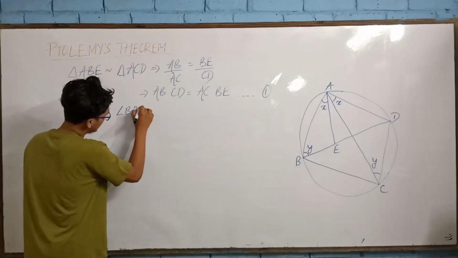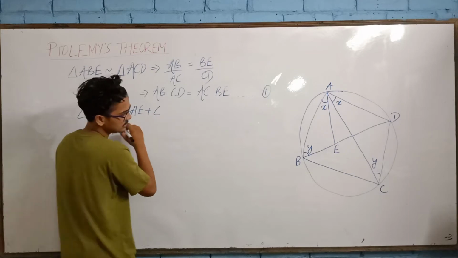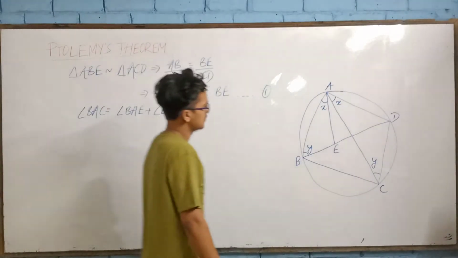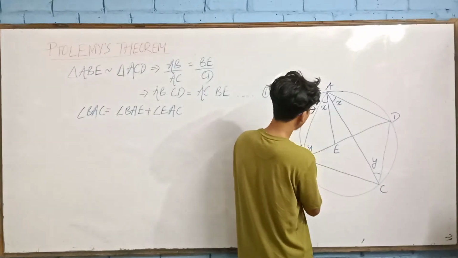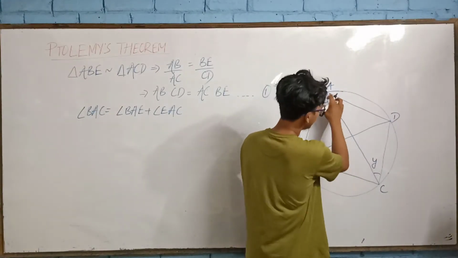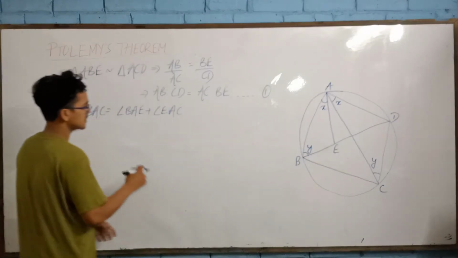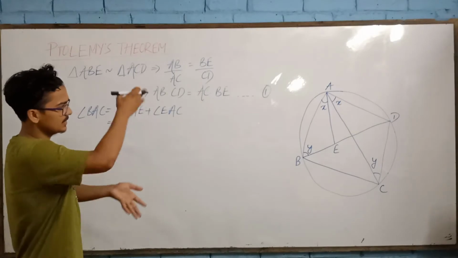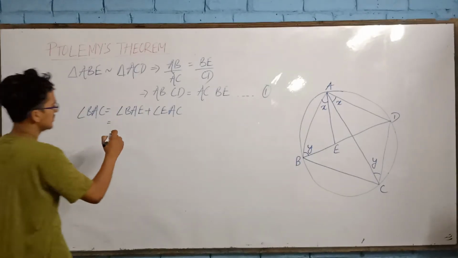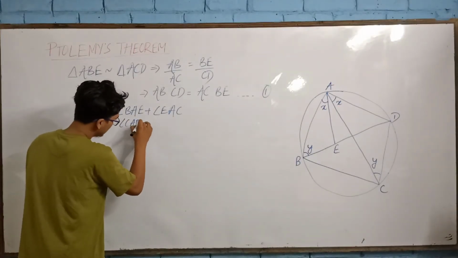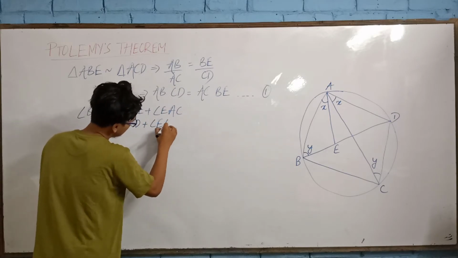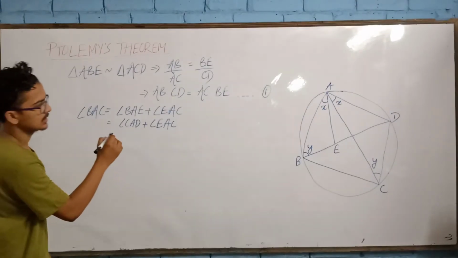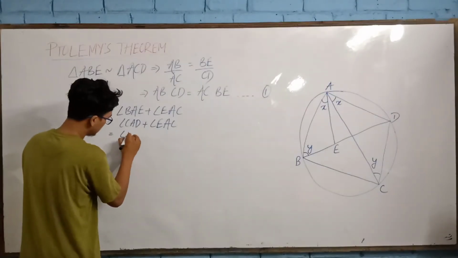Angle BAE is equal to angle CAD, because we have constructed angle BAE such that angle BAE equals angle CAD. So this becomes angle CAD plus angle EAC, which is actually angle EAD.